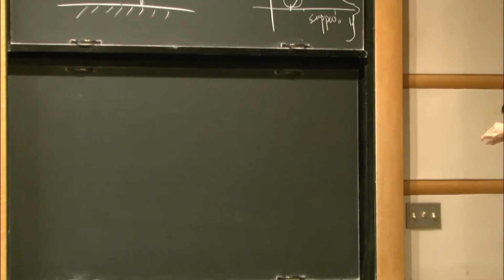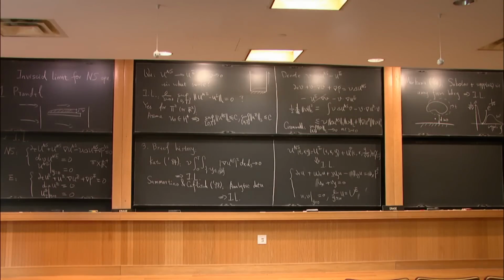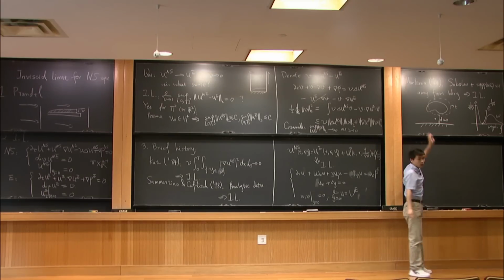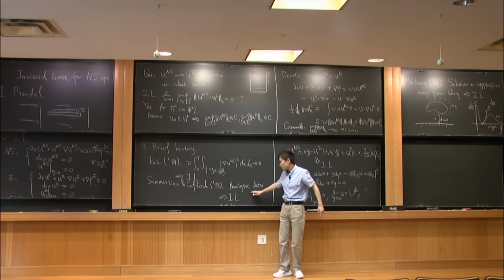Okay, so the problem comes up: if you just consider these two results, you will find that the analyticity is really only needed near the boundary, right?